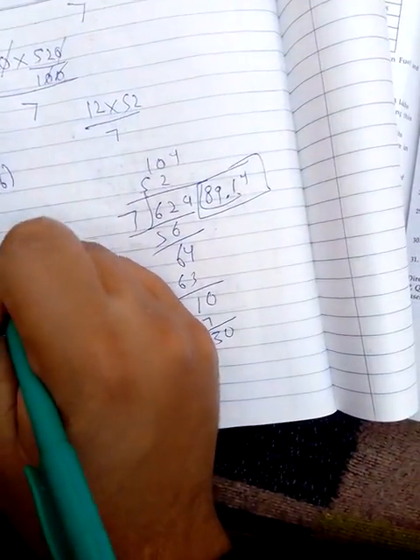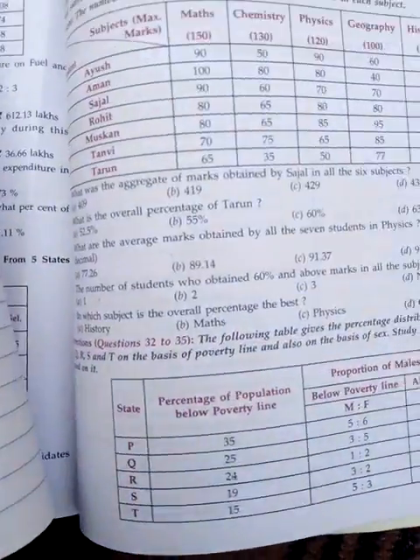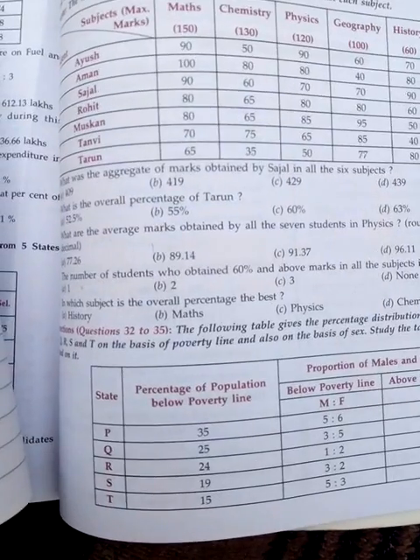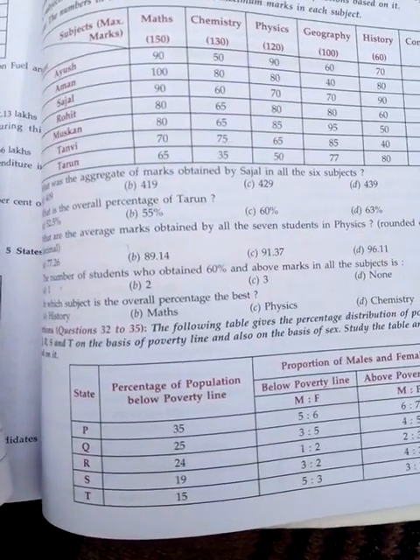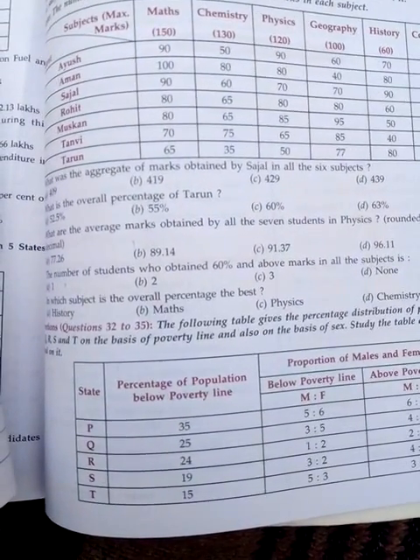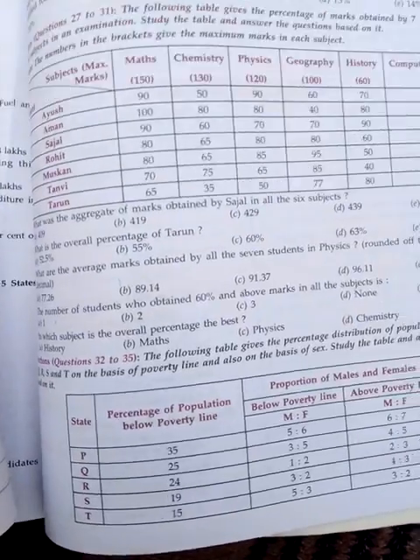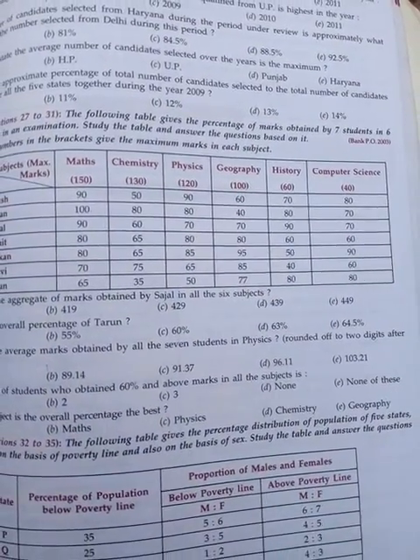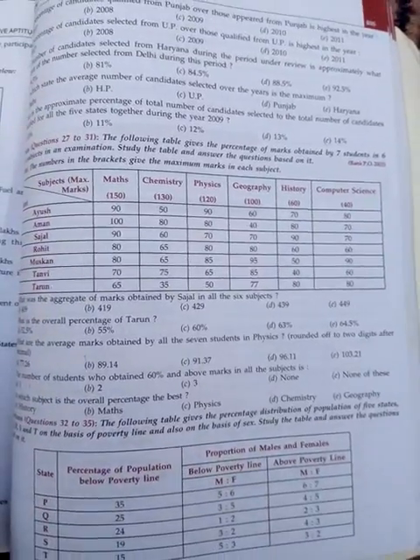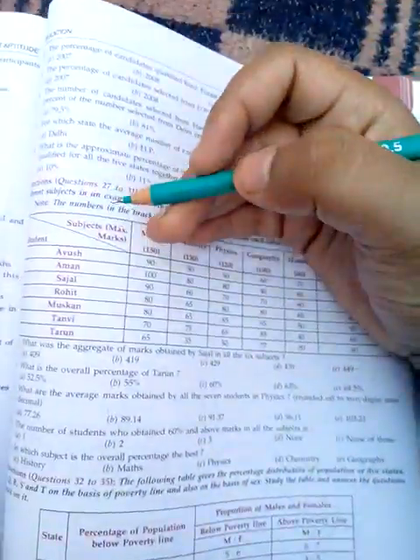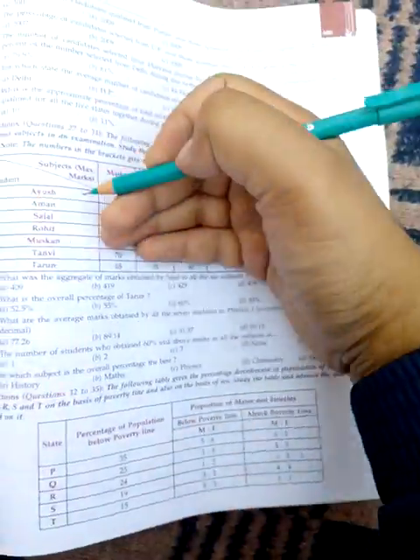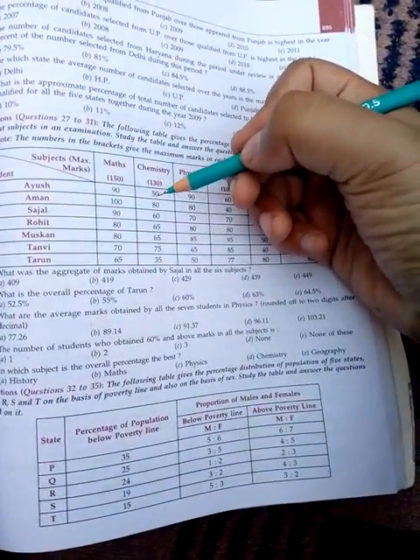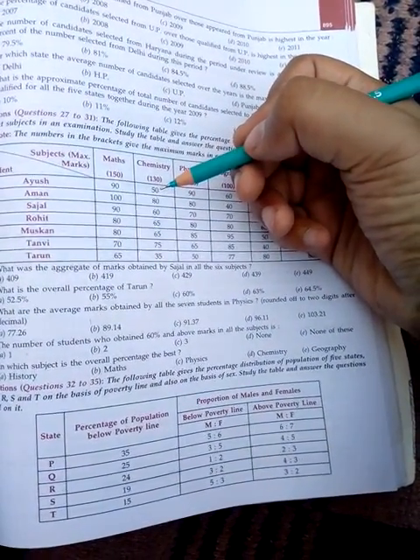And now moving on to the next question. The next question says: the number of students who obtained 60% and above marks in all subjects is. So look at the table and look at the number of students who have attained 60% or more in all these subjects. Ayush has got 50, so he is out of the list.